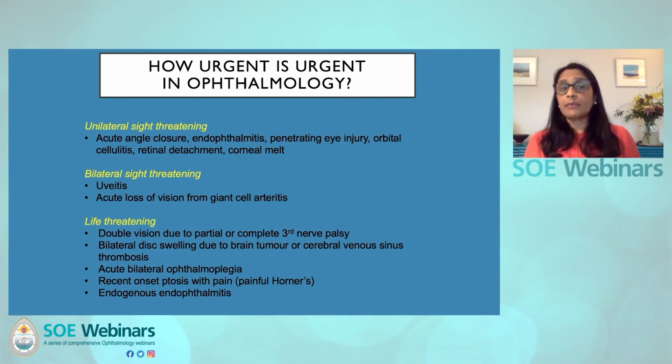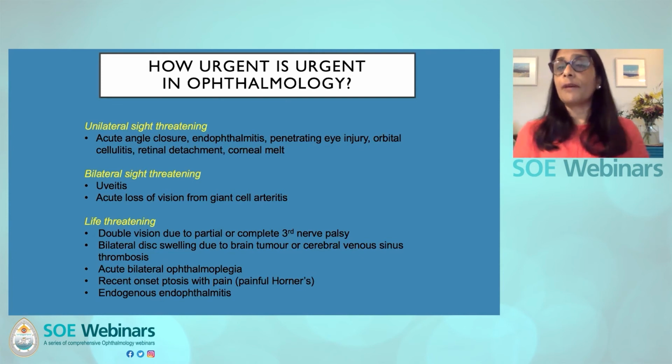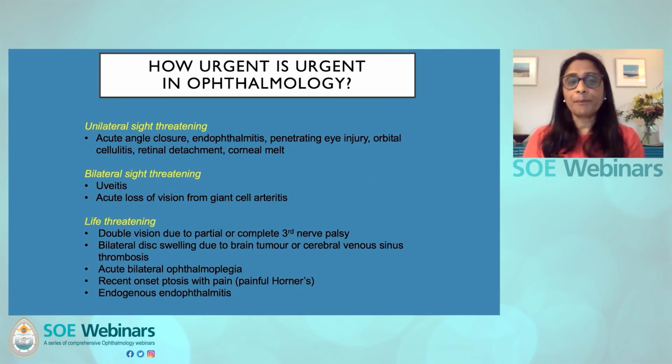Bilateral sight-threatening problems could be things like uveitis or acute loss of vision from giant cell arteritis. And then we have things that are not only sight-threatening, but also life-threatening. So, for example, a third nerve palsy from a cerebral aneurysm, or an endogenous endophthalmitis in a patient that's a drug abuser.